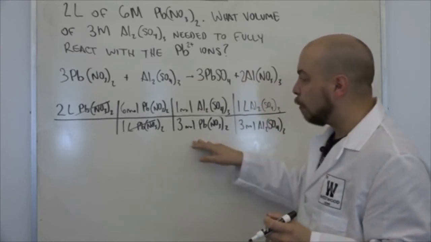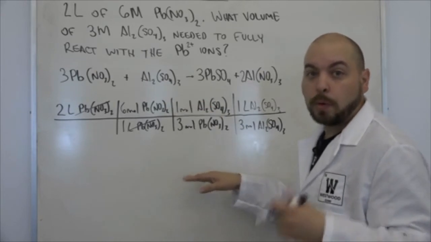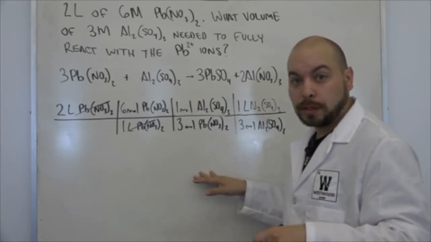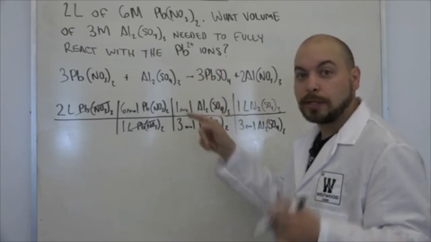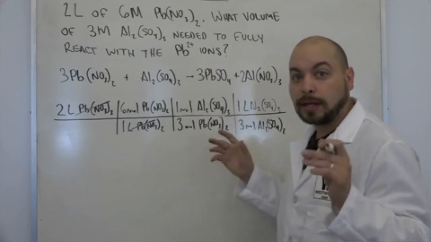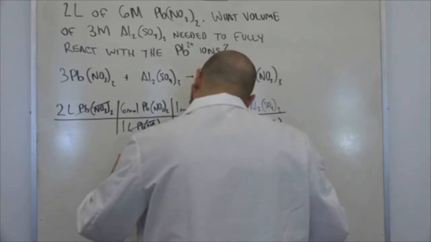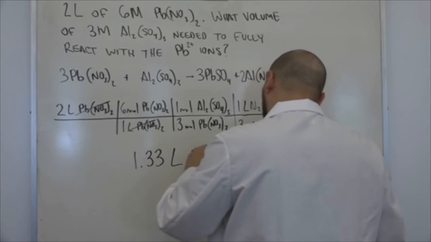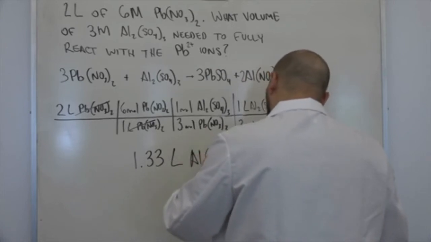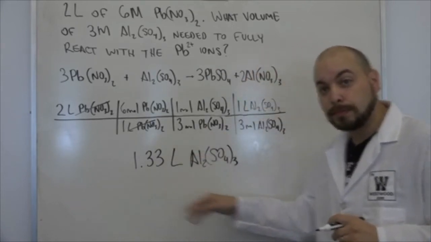And so what we end up with is 12 over 9, or 1.33 liters of 3 molar aluminum sulfate necessary to react fully with our lead nitrate. So there you go.